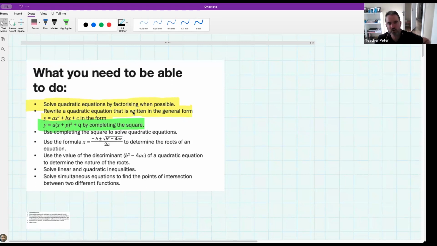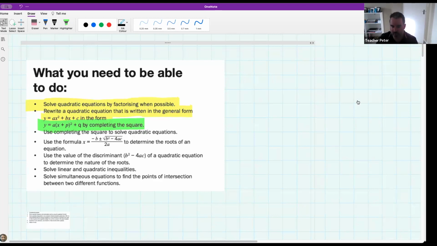Tell me in the chat, have you seen completing the square before? Yes or no? I want you to vote in the chat. Have you seen completing the square before? So a couple of students, welcome to Amakle, Atlichang, Sange, Siamtanda, Stephen, Arson.